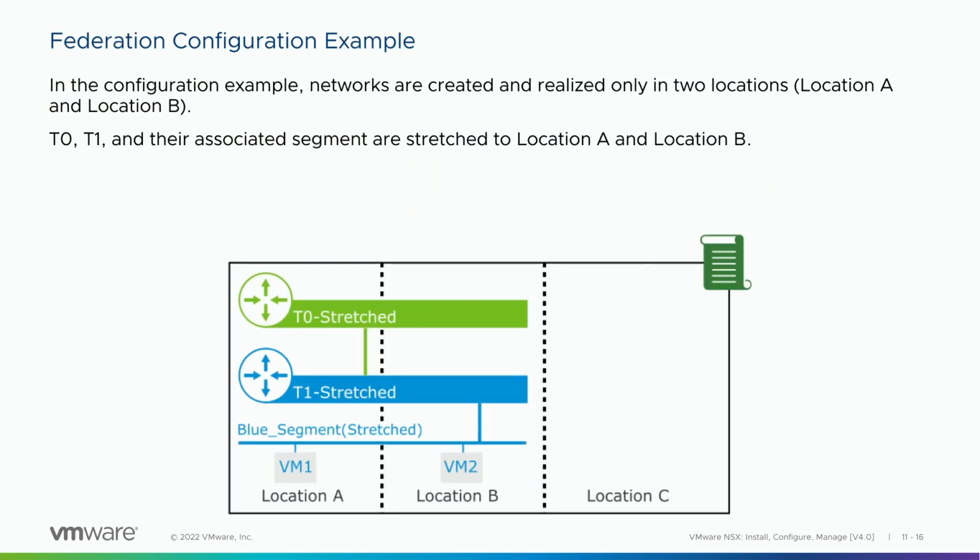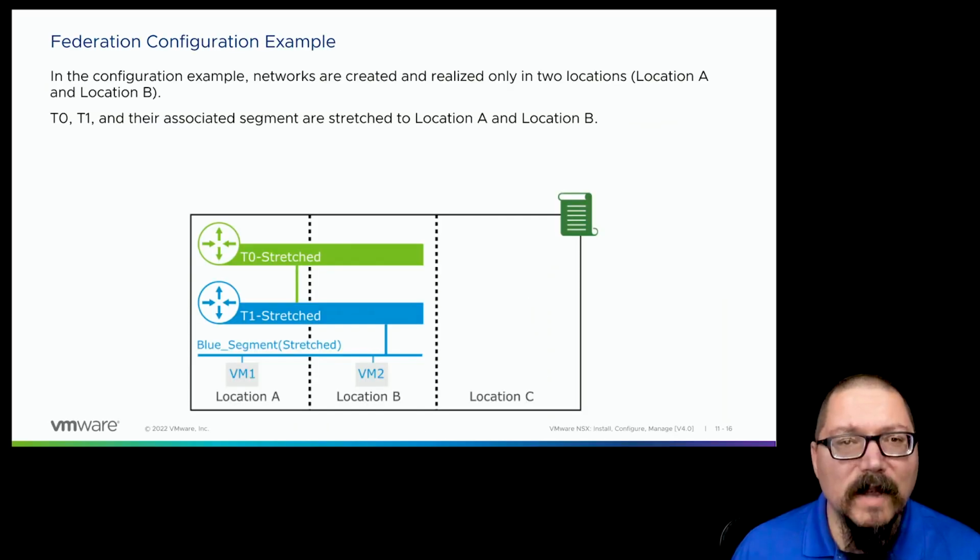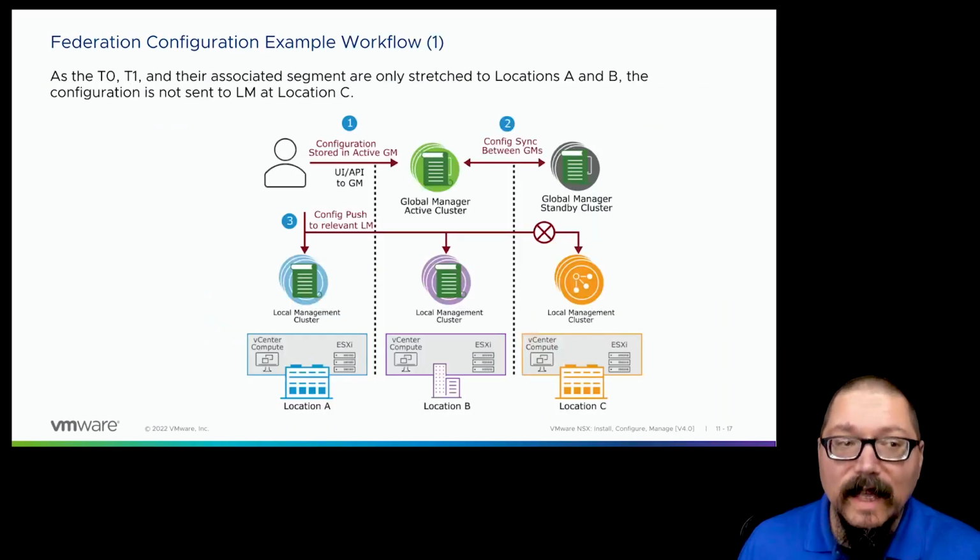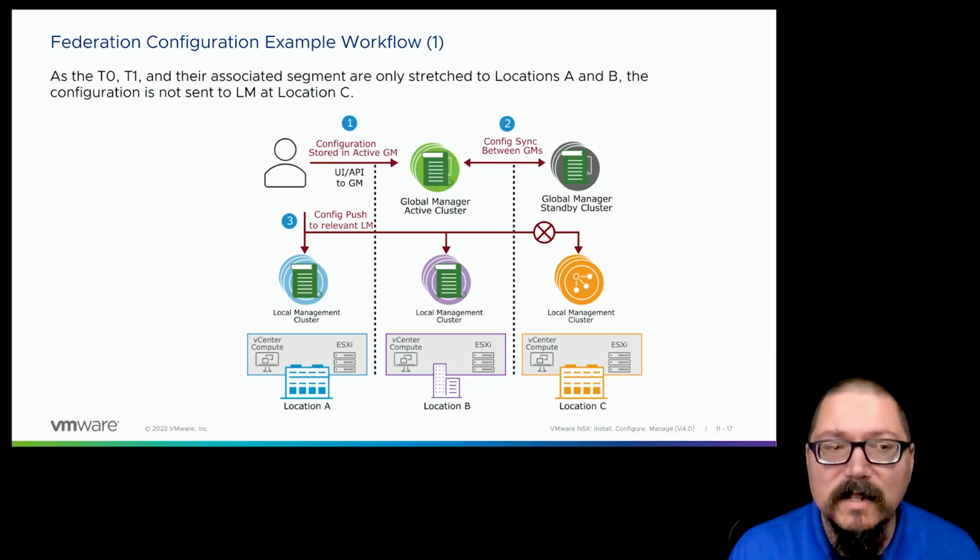Now, if we think about this from an example perspective and say I want to create a tier 0 gateway and a tier 1 gateway and a segment, and I just want them stretched over location B, we can do that. And when we do that, here we see that we're synchronizing our configuration to the standby Global Manager cluster, but our configuration is only being pushed to location A and location B because those are the only relevant local managers for this particular equation.